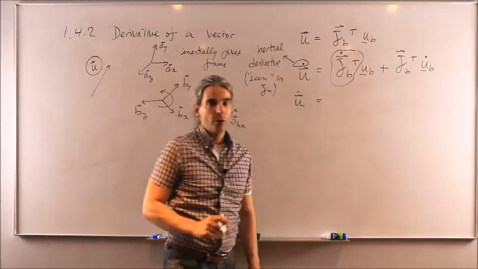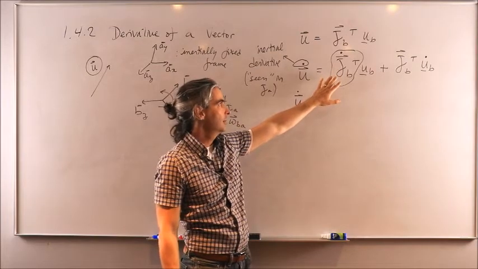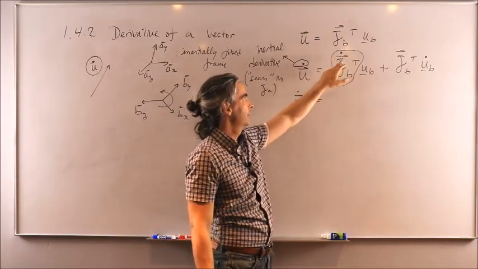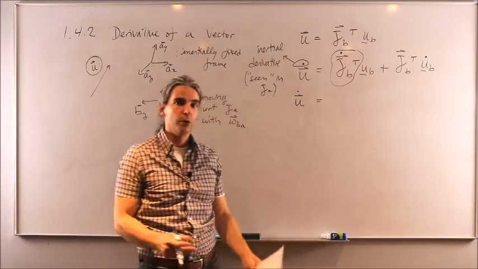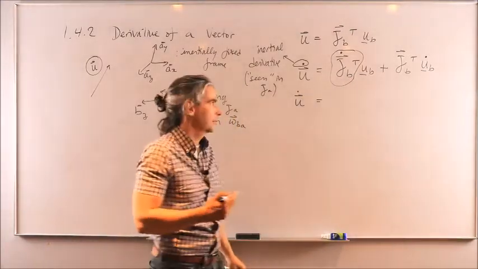Do you guys remember what this is equal to? Hopefully you do. We just covered that 5 minutes ago. The time derivative of the transpose of the vectrix was equal to the angular velocity vector cross the transpose of the vectrix itself.